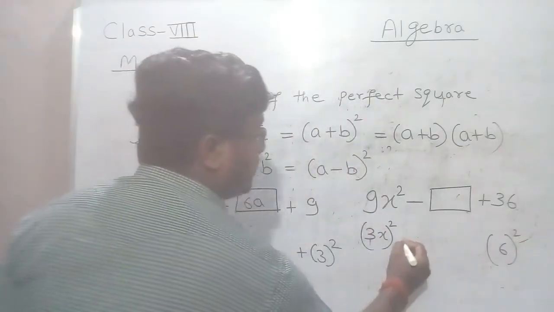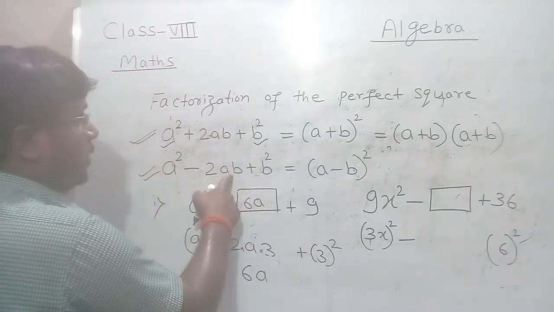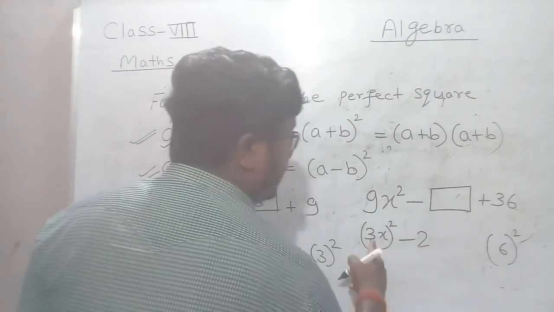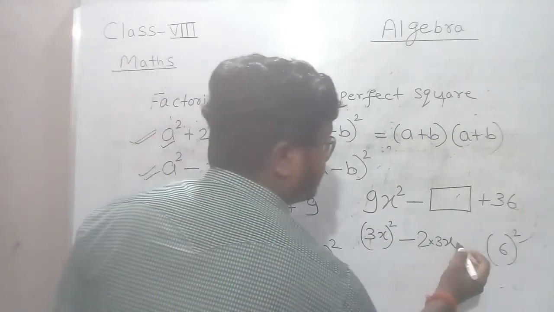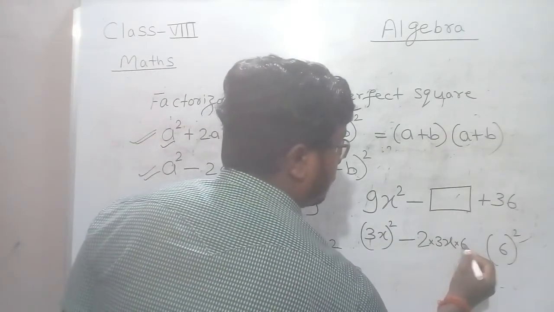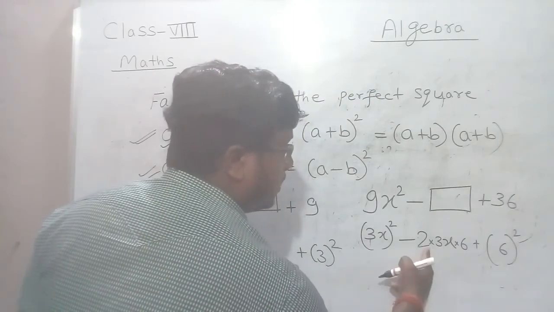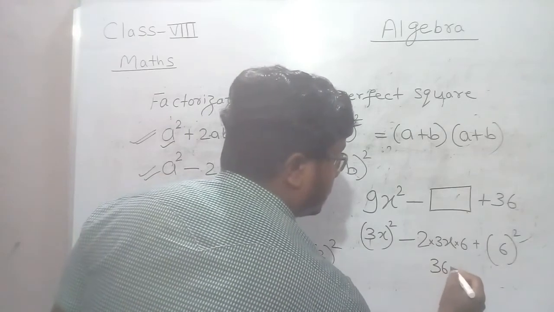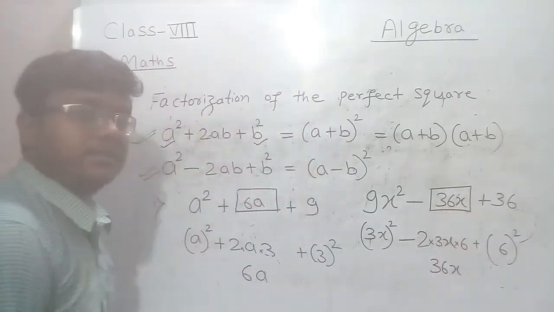Now here it is a minus sign, so according to the formula a square minus 2ab plus b square, what must it be here? 2a is your 3x, b is your 6. So multiply: 2 times 3 is 6, 6 times 6 is 36. That is your 36x. Here it must be 36x.